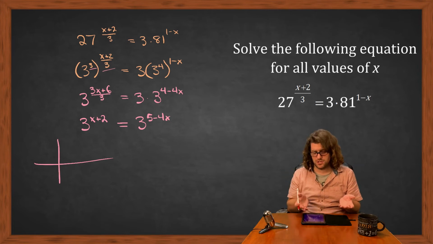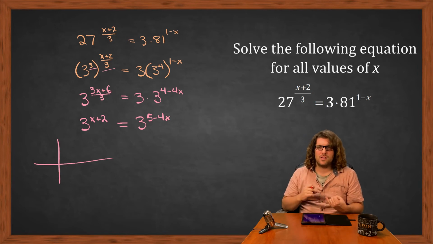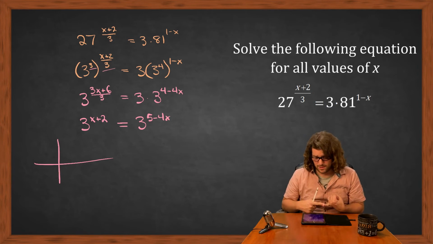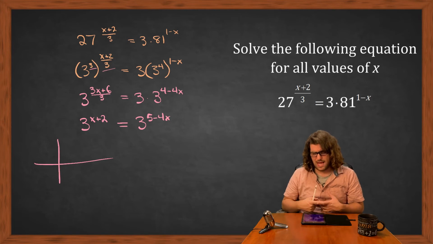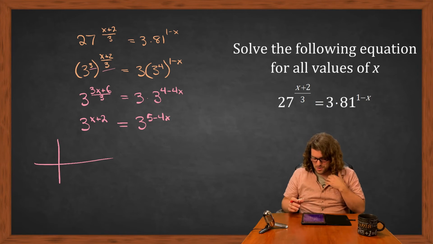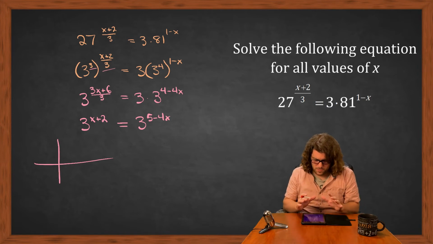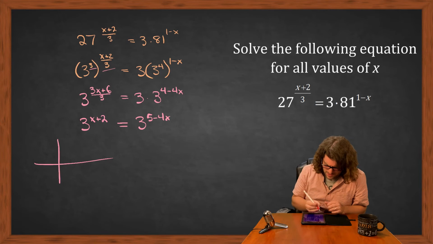horizontal changes. In the case of the left one, that is going to be a shift of 2 units to the left. And the right one is actually a horizontal reflection, a stretch of 1/4, as well as a shift of 5 units to the left. So because of that, we can get an idea of what these look like.